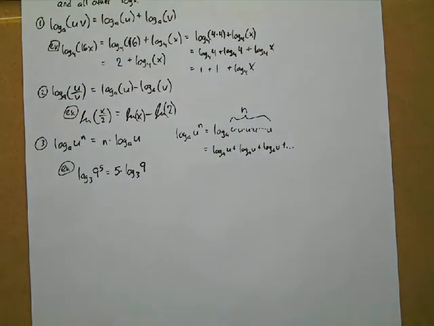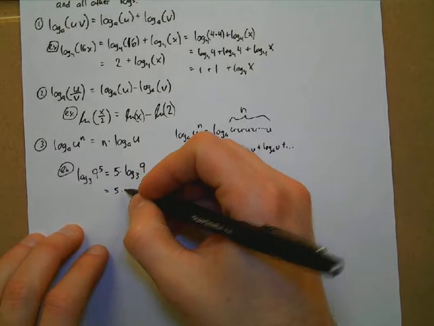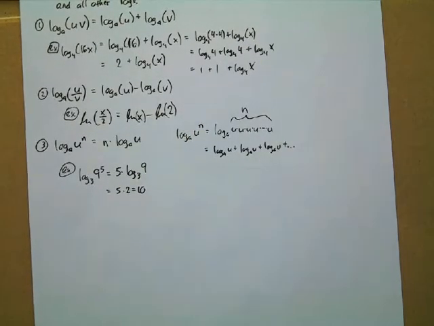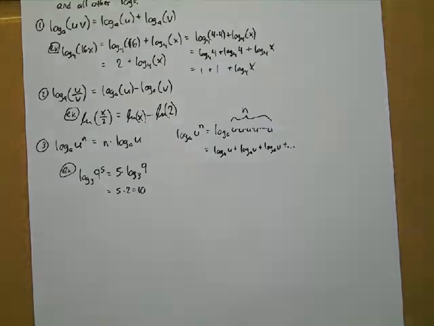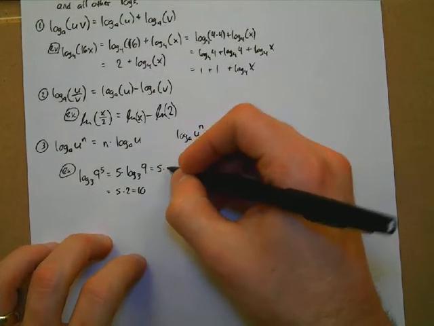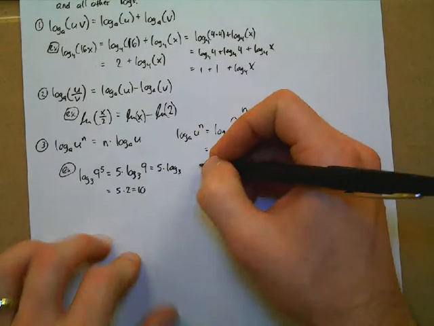And at this point, we can take 2 different paths here. One path is just to evaluate what is log base 3 of 9. Right, 3 to what power gets 9? It's 2. So we could just say, okay, well, this is just 5 times 2, which is 10. Or we could say 5 times log base 3 of 9, we can rewrite it as 3 squared. Right?